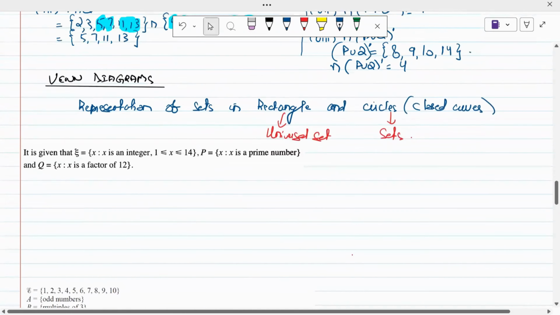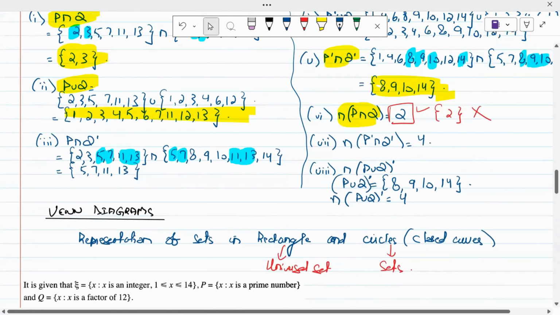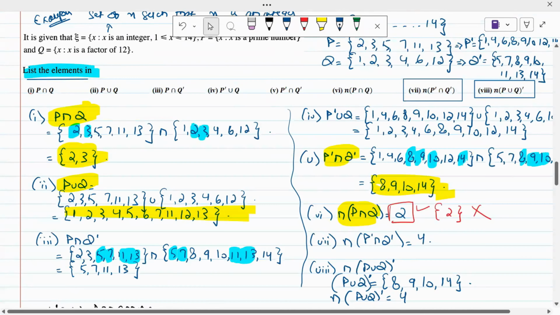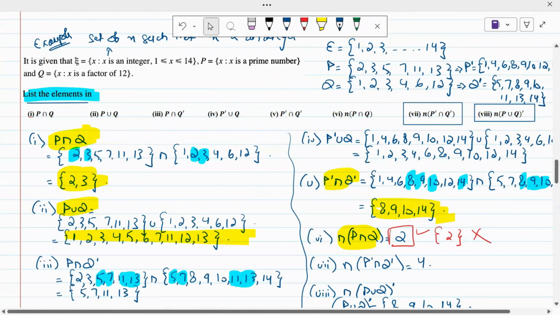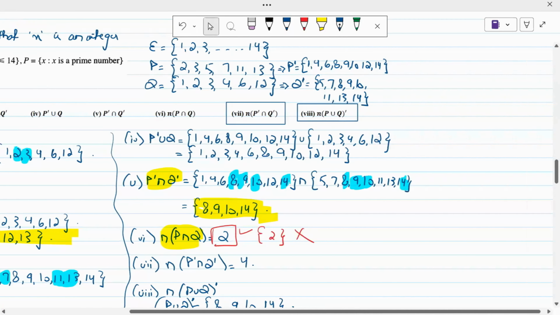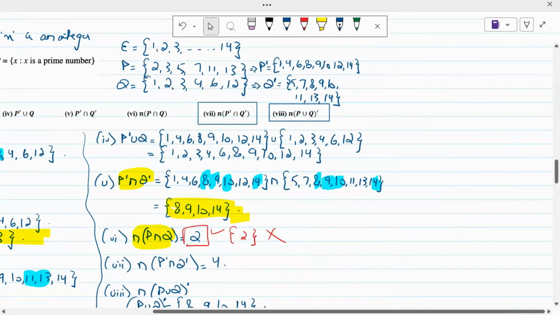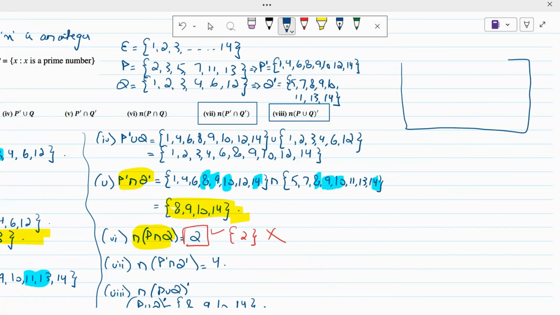We have already got the elements here. What is there in the universal set? What is there in P? What is there in Q? These elements help us in making the Venn diagram. A Venn diagram is always a rectangle representing the universal set, and inside it you show set P and set Q.